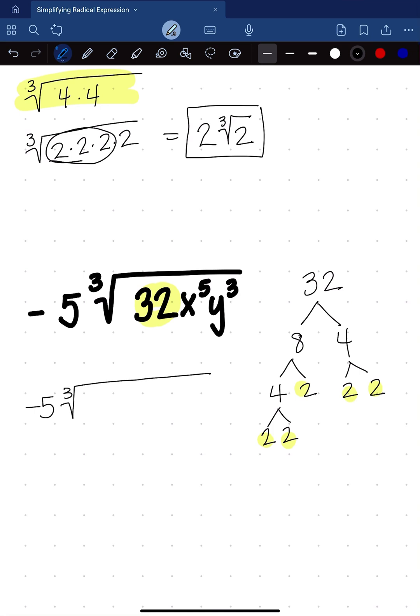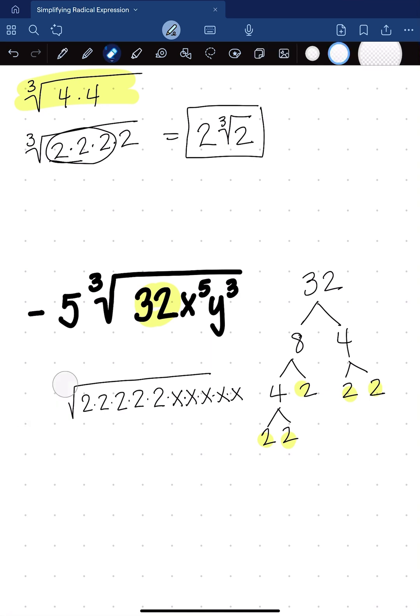We have a cube root. So I'm going to write all of my factors of 2. I could easily write it as 2 to the power of how many 2's I have. That also works, but I'm going to do expanded form for right now. So we have 5 x's, 1, 2, 3, 4, 5. I'm not going to be able to fit it all. Let me try it again. Move it down here.